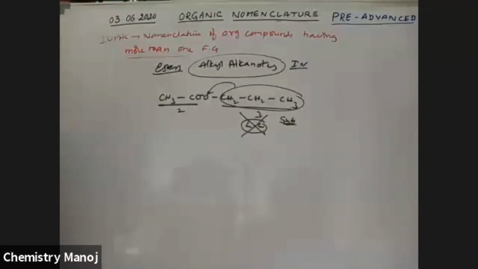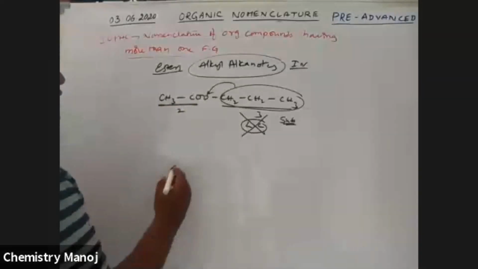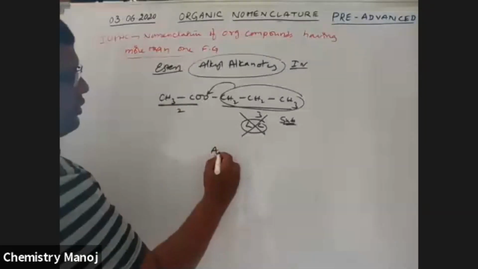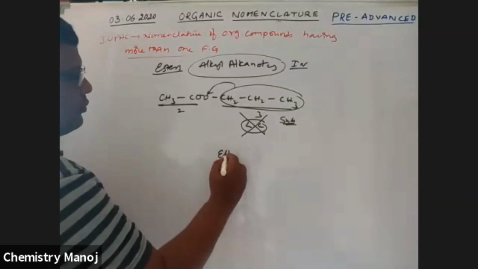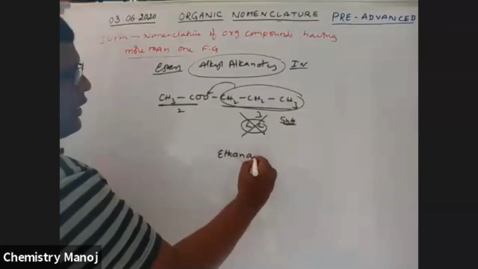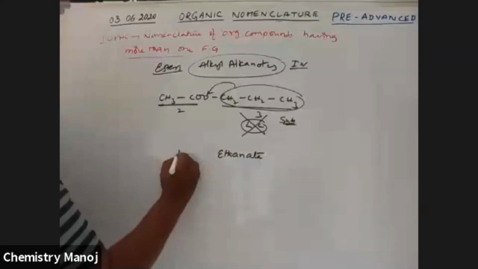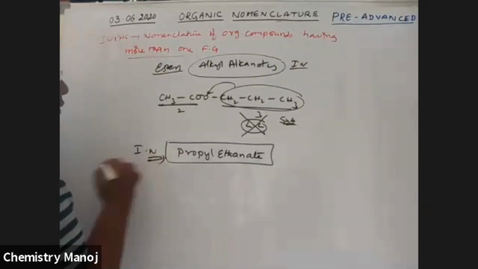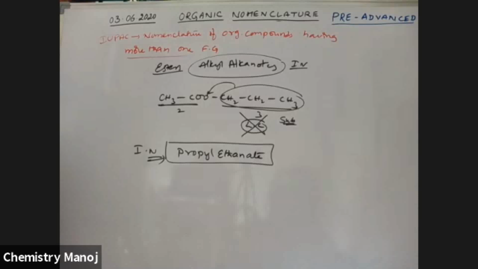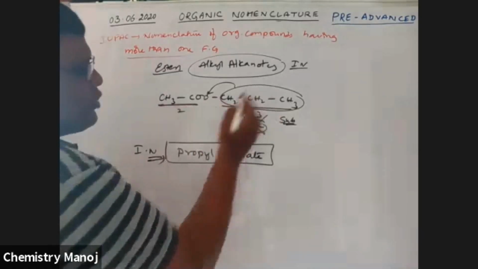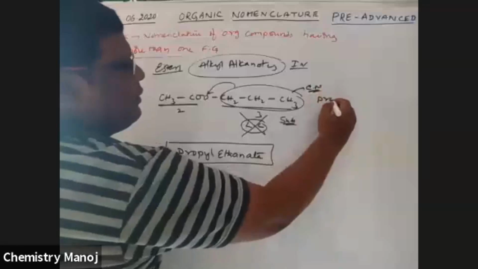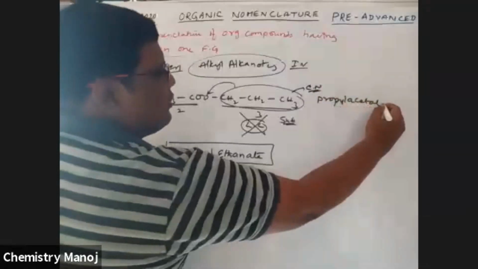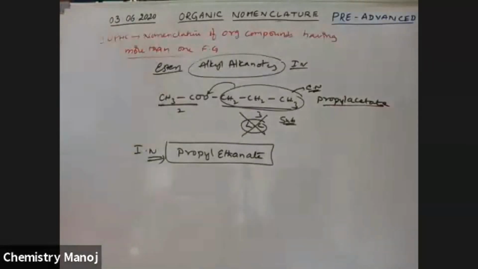It is taken as a substituent. Therefore only the two carbon chain is the longest chain. So once again it is ethanoate, and it is a propyl group. So propyl ethanoate is the IUPAC name of this compound. The common name is propyl acetate.